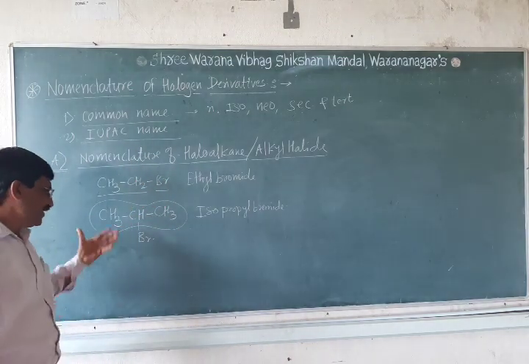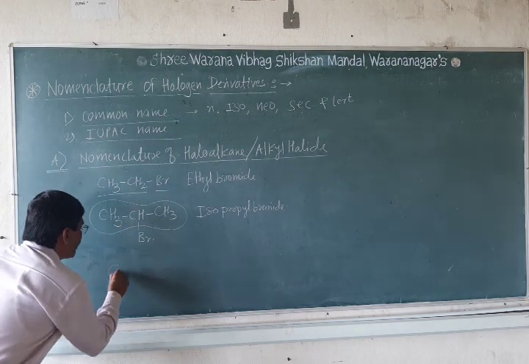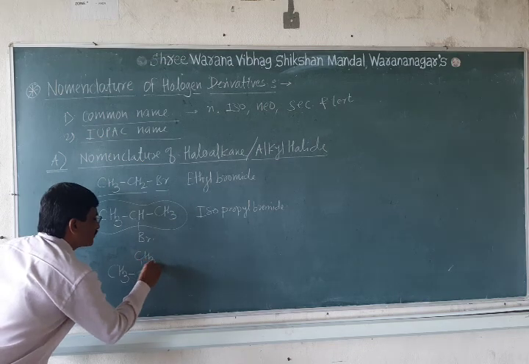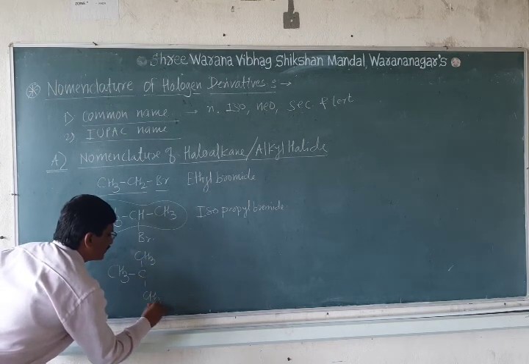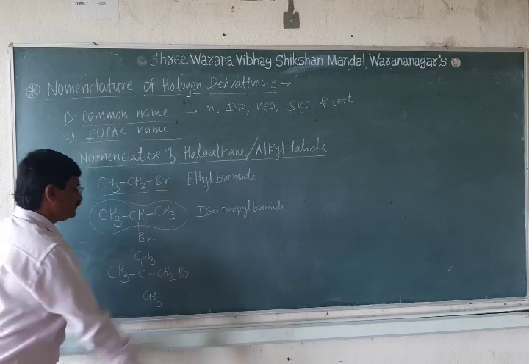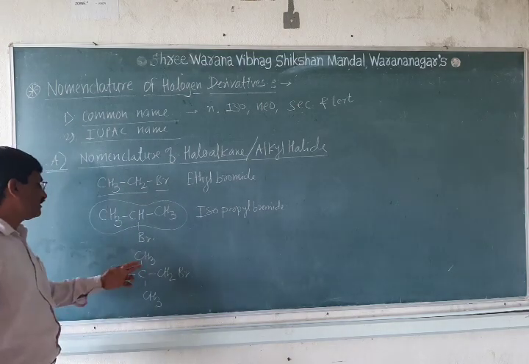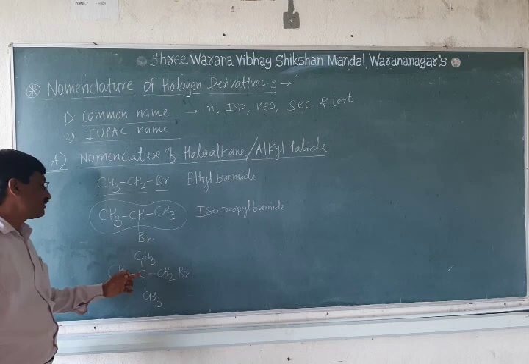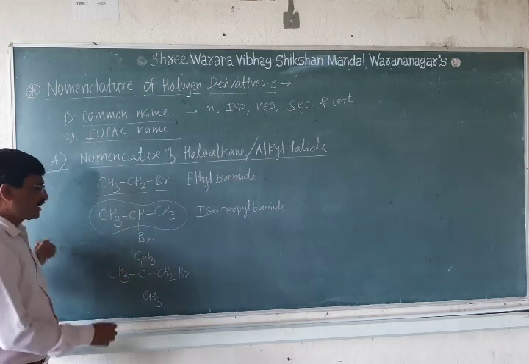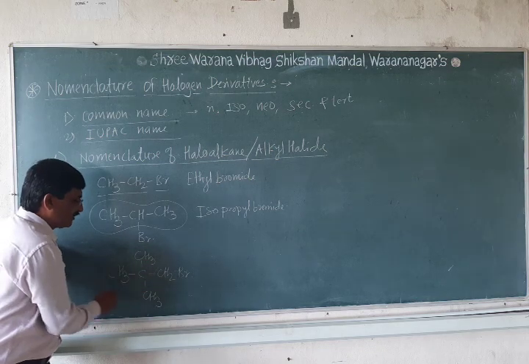Instead of that, if you take another example, (CH3)3C-CH2Br, the name of that particular compound, this is a neo group.